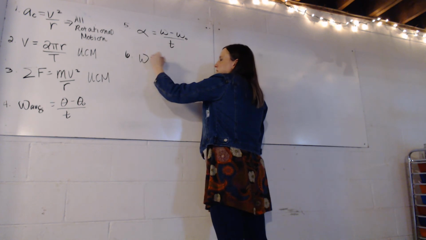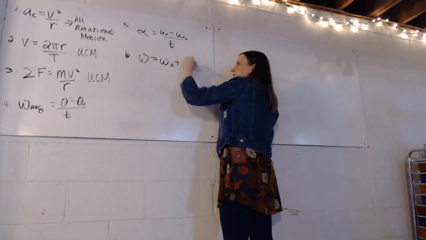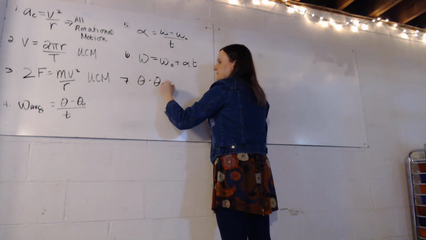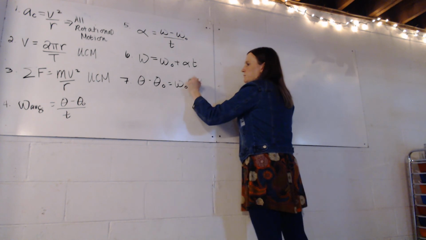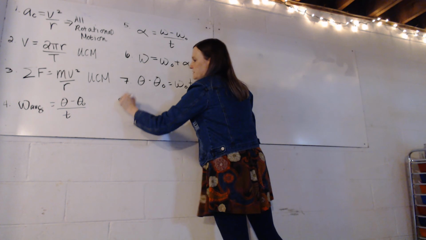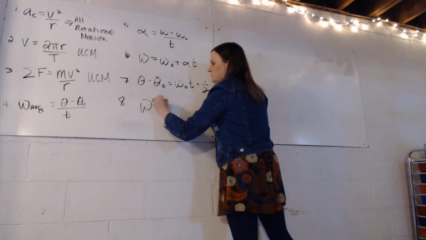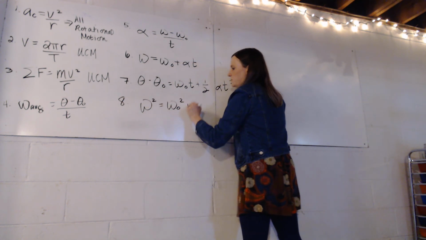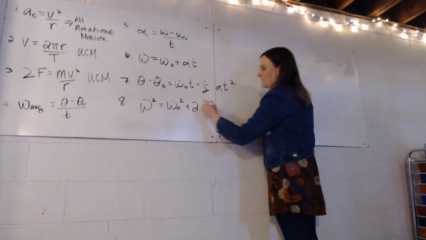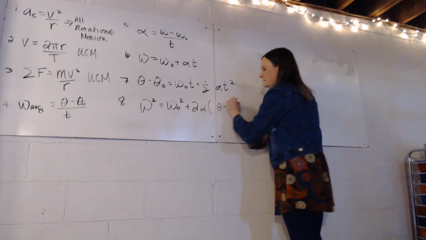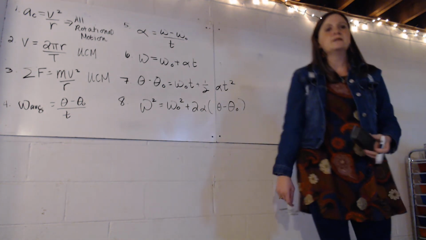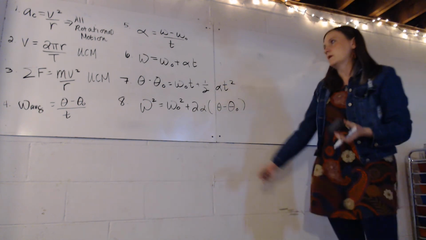So omega is equal to omega naught plus alpha t, and then theta minus theta naught is equal to omega naught t plus 1/2 alpha t squared, and omega squared is equal to omega naught squared plus 2 alpha, sorry, I'm getting into the habit, 2 alpha times theta minus theta naught. So they look just like the kinematic equations of motion in linear form. We're just now using those angular quantities.